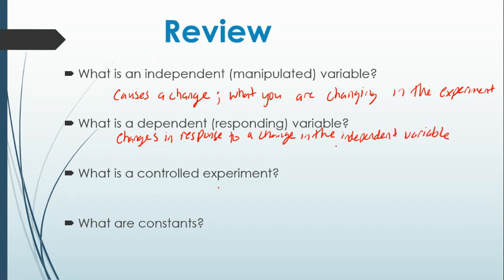So like we said with sunlight, what would change in response to you changing sunlight would be the growth of the plant. Another way I like to look at this is typically this is what you are measuring in an experiment.